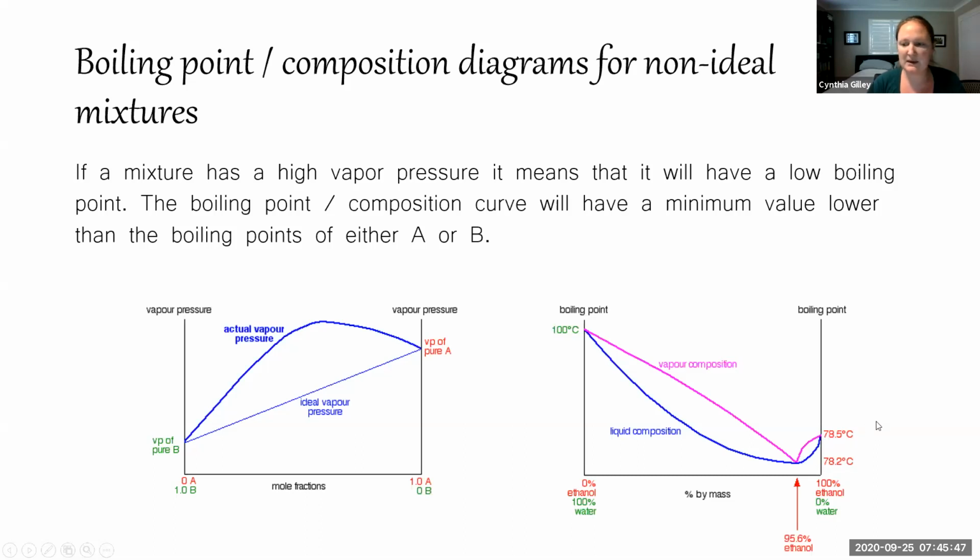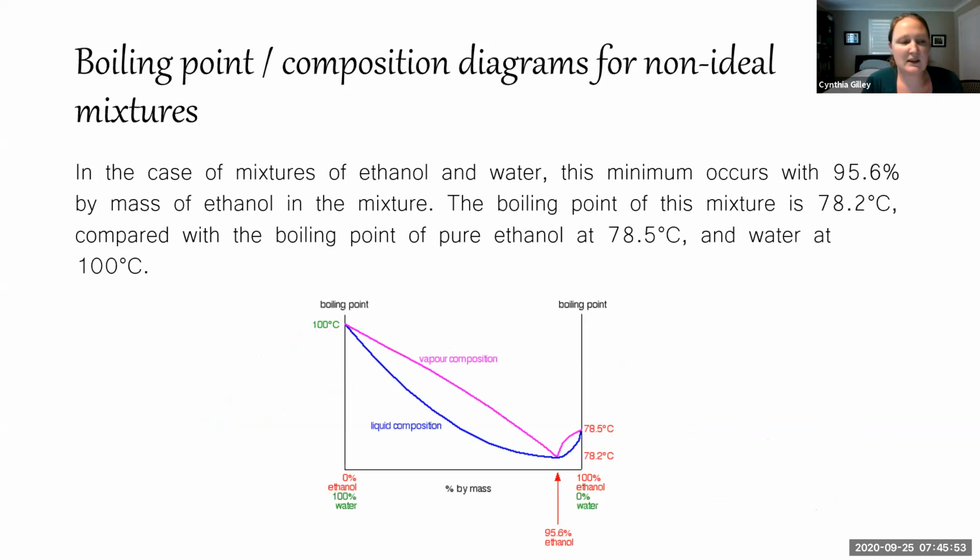So that's going to have an important consequence when it comes to separating them by fractional distillation. In the case of mixtures of ethanol and water, this minimum occurs with 95.6% by mass of ethanol in the mixture. The boiling point of this mixture is 78.2 compared to the boiling point of pure ethanol at 78.5 and water at 100 degrees Celsius.